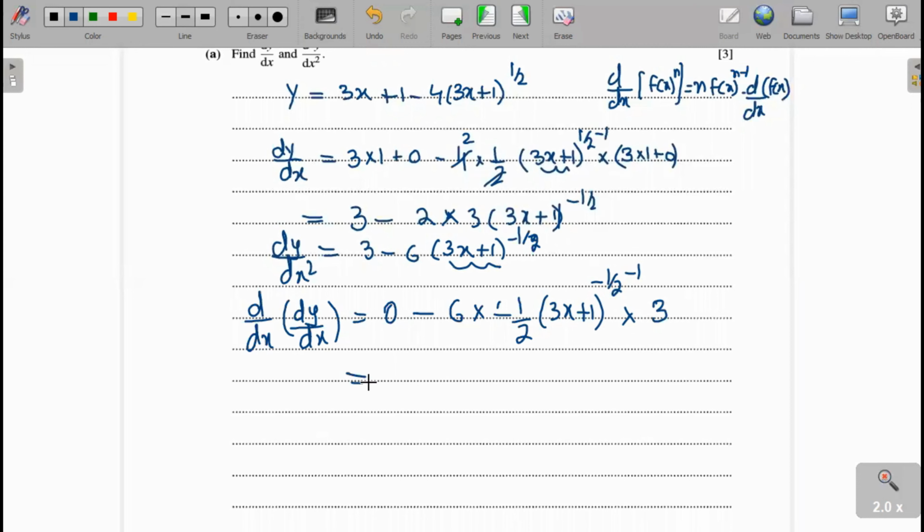Now this is minus 2 times 3, minus minus is plus, and 3 times 3 is 9. That is 9 over (3x plus 1) power 3 over 2, and this is d square y over dx square.